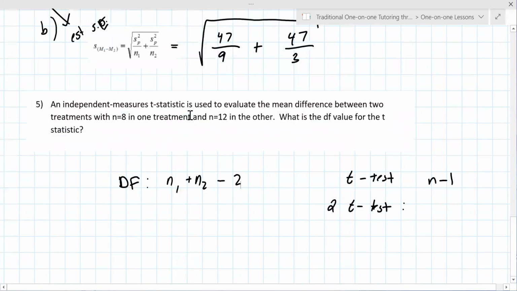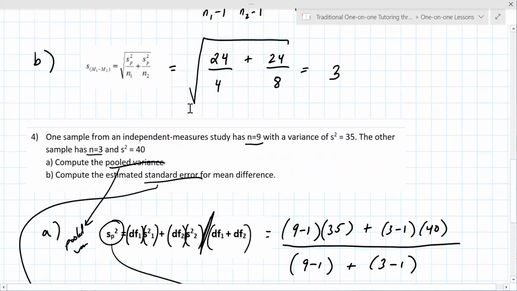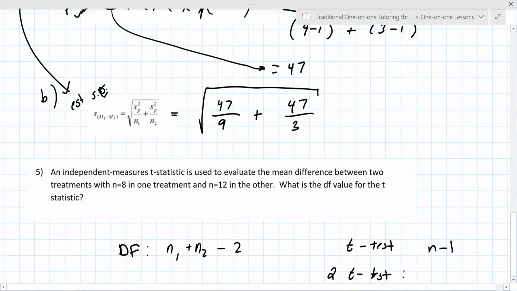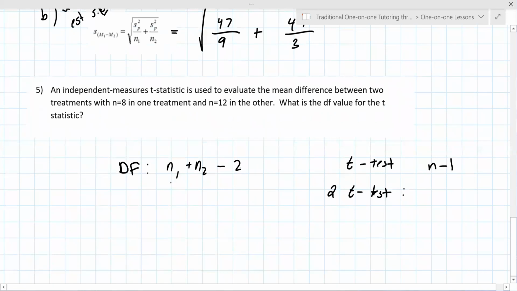And how did I know that? It comes from the formula here for this pooled variance. Because the degrees of freedom down here in the bottom, it's really n1 plus n2, but then you subtract 2 from each of them. So that is one measure of it. There's also some formulas whether the data is biased or not.